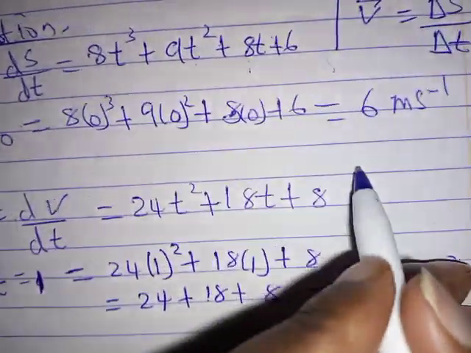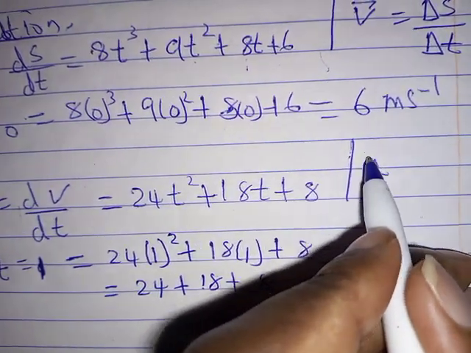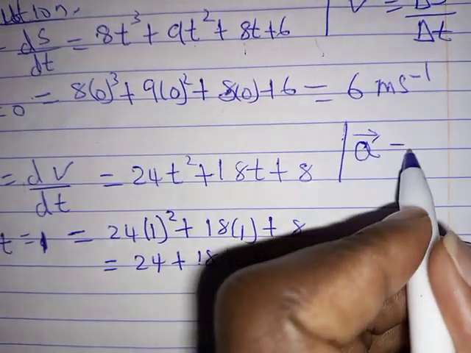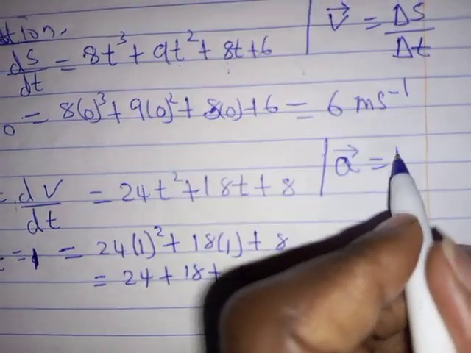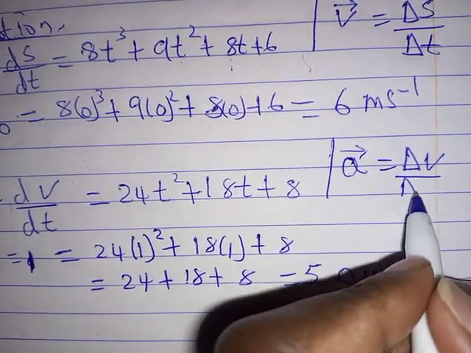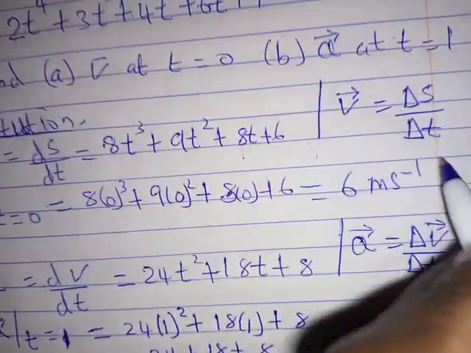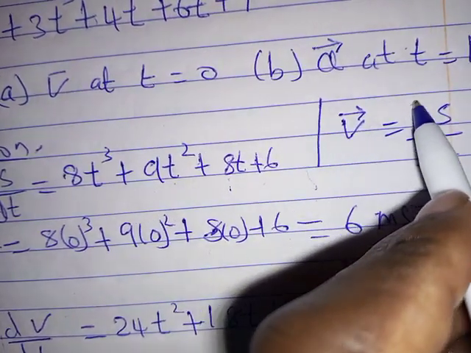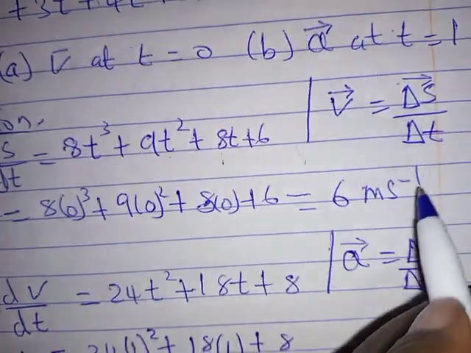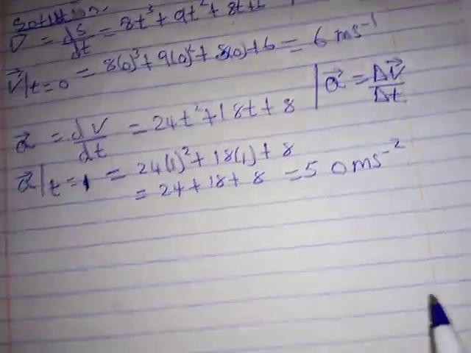For the acceleration, the principle we are applying is that acceleration, average acceleration, is given by change in velocity divided by change in time. So that is what you do.